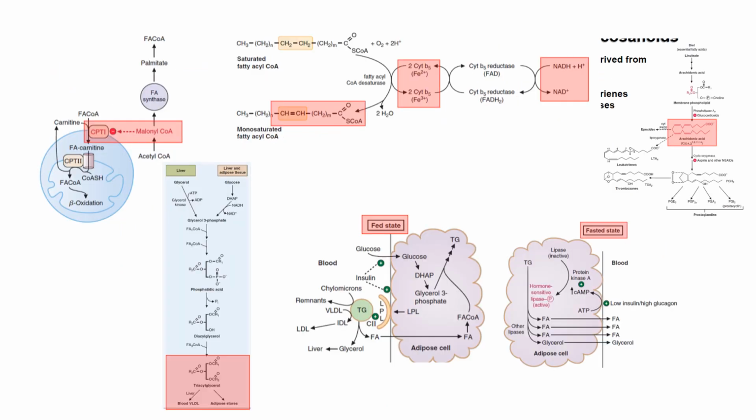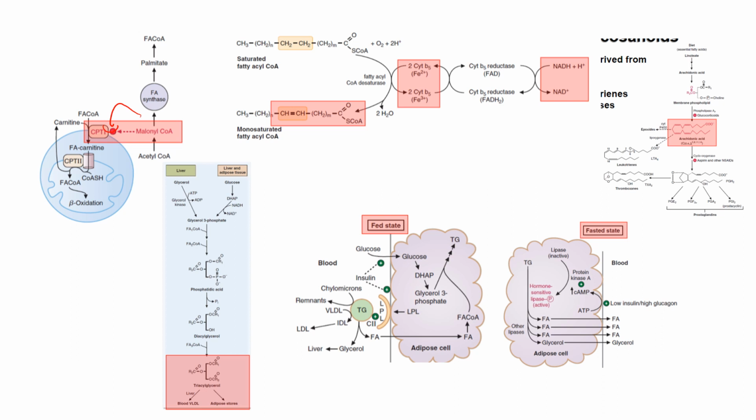So something else to note is that malonyl-CoA actually downregulates CPT1. This is a protein expressed in mitochondria that allows fatty acyl-CoA to pass through. You may remember that from the second video in this series, because it was beta oxidation.